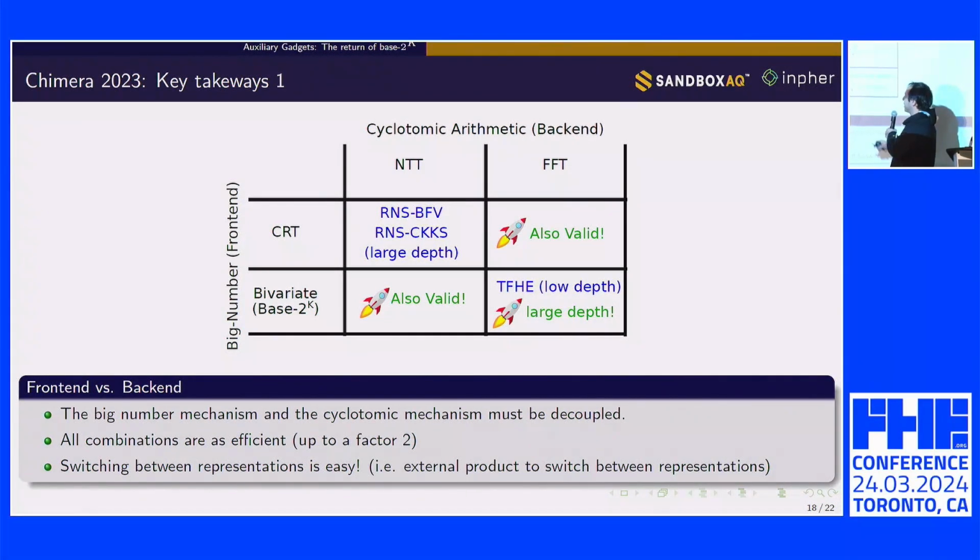So yes, before we had a complete separation between RNS representation for large depth and TFHE style approximate decomposition for low depth. With this work, we were able to prove that actually every combination, so CRT with NTT, CRT with FFT, bivariate with NTT, and bivariate with FFT, are equally valid to represent any depth, and also any conversion between these representations is fast.